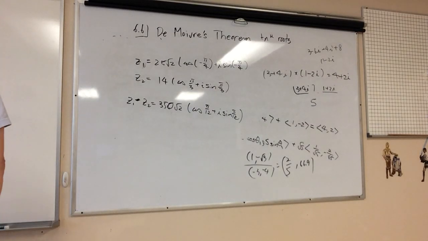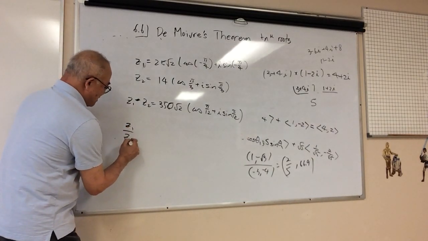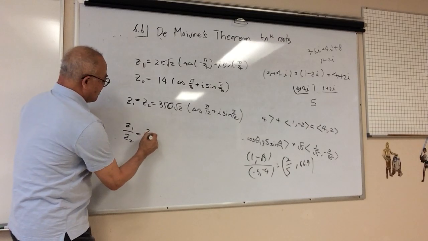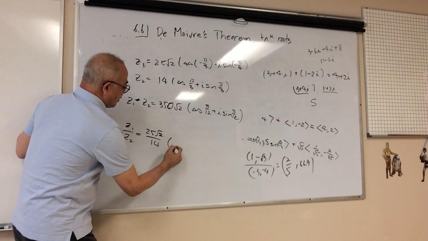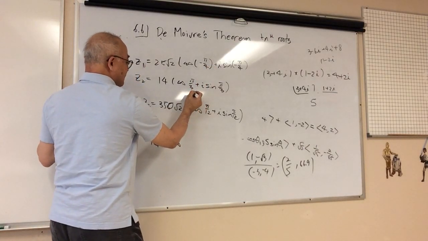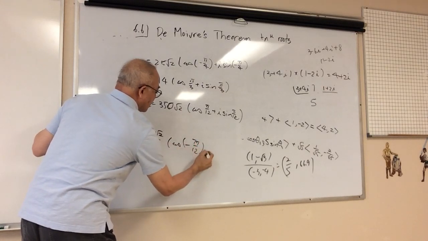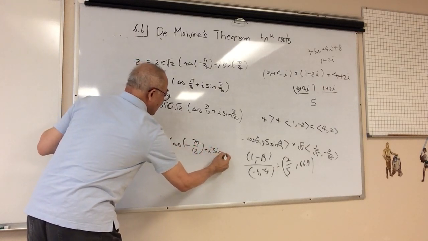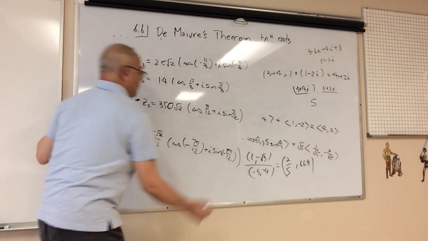Okay. Division, I'm lazy, so I'm just going to go ahead and divide this guy right here. Z1 over Z2 is equal to 25 root 2 divided by 14, and I'm going to get cosine this minus this, right? So I'm going to get negative 7 pi over 12, i sine negative 7 pi over 12.